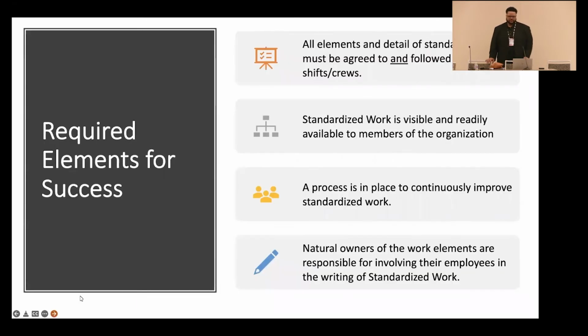So, the required elements for success when it comes to standardization and standardized work. All elements and detail of standardized work must be agreed to and followed across all shifts and crews. That's where people involvement comes into place.